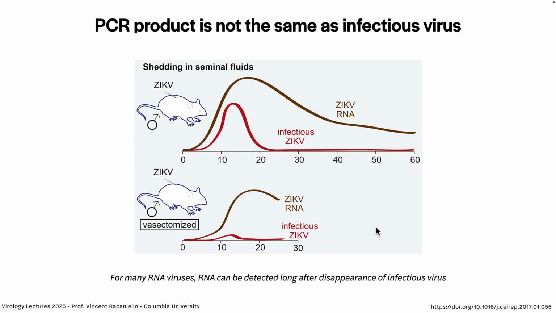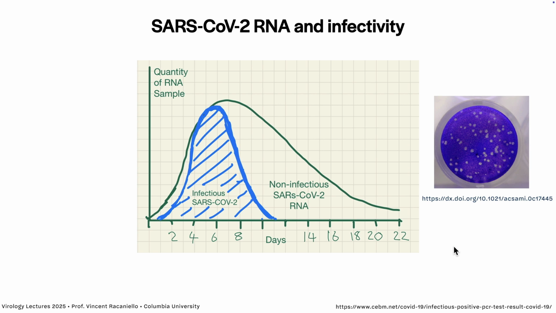And the control experiment here is if you vasectomize the mice, that dramatically reduces shedding of infectious virus. And for many RNA viruses, you can detect RNA long after the disappearance of infectious virus, including SARS-CoV-2.